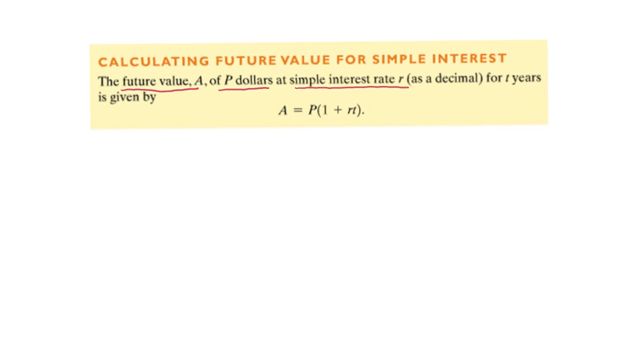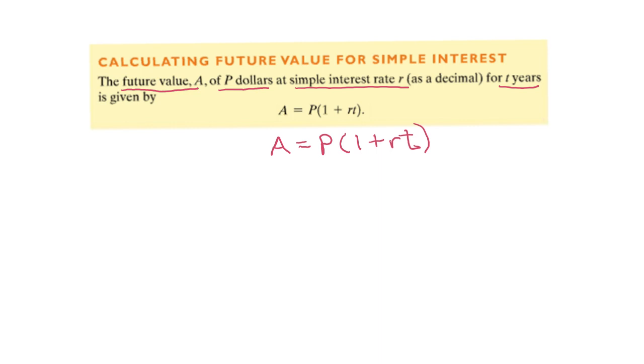Simple interest rate is R. And remember, it has a decimal. And then T is measured in years. And the simple interest rate is the annual simple interest rate. So we have A is equal to, just rewriting this, P parentheses 1 plus R times T.